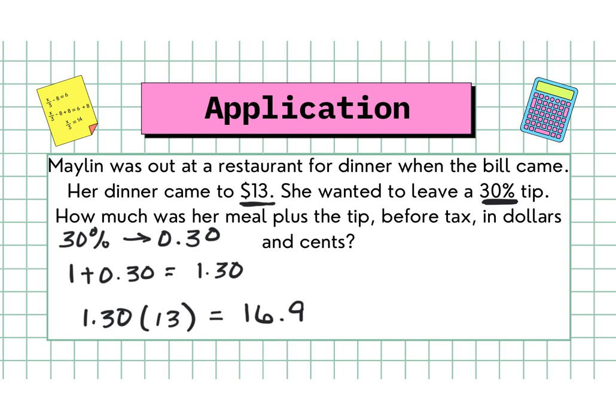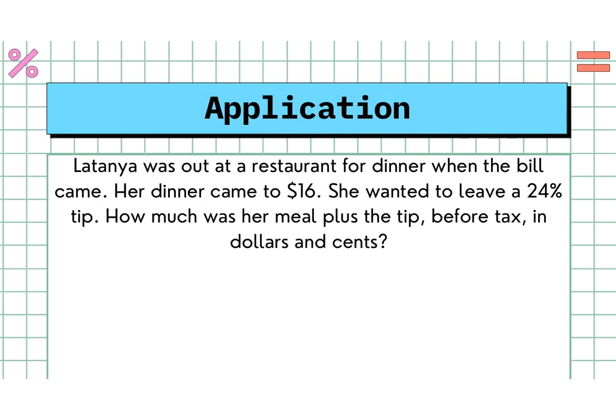But since we're talking about dollars and cents, we need 2 numbers after the decimal. So I'm going to add a 0. So my total bill with the tip and her meal will be $16.90.